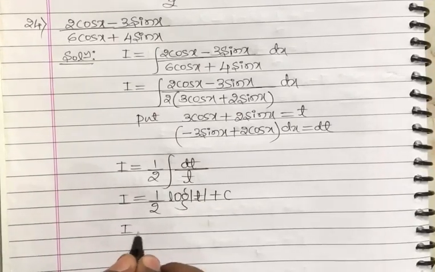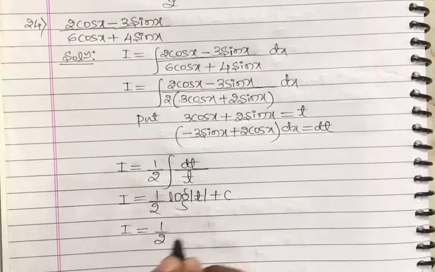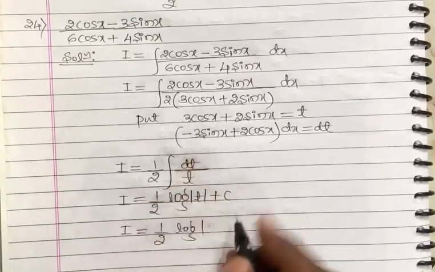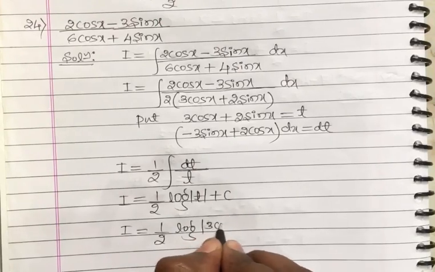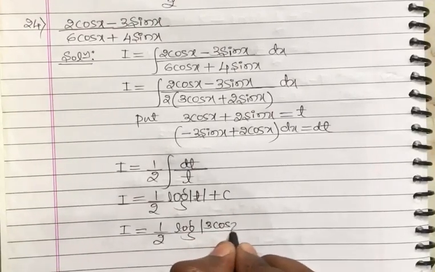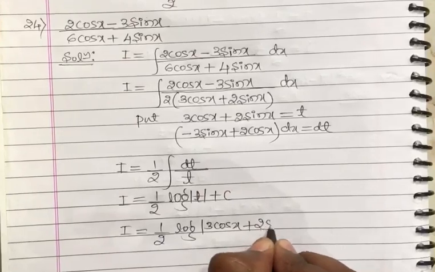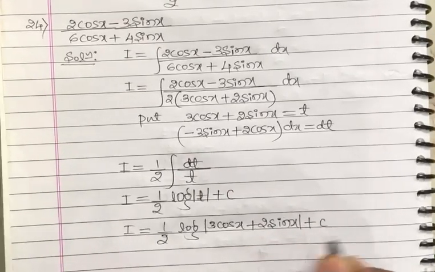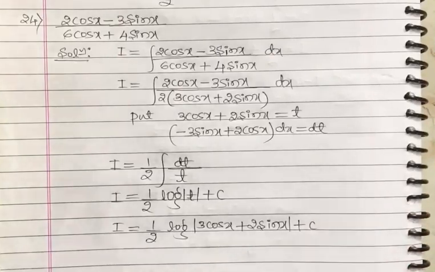I is equal to 1 by 2 log mod of what is t here? It is 3 cos x plus 2 sin x, plus c. So this is all about the 24th problem.